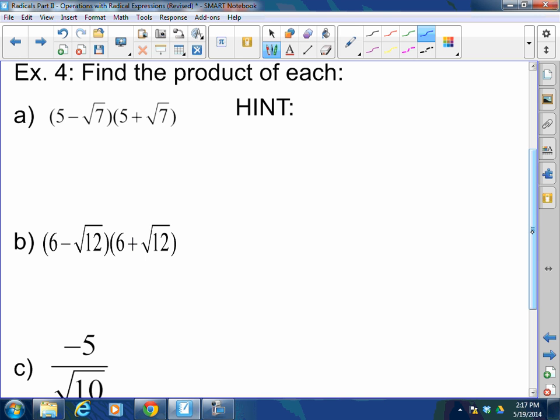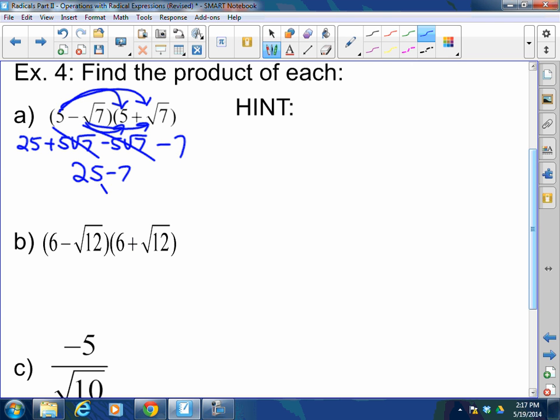So I have 5 minus square root of 7 times 5 plus square root of 7. 5 times 5 is 25, plus 5 square root of 7, minus 5 square root of 7, minus 7, correct? 5 square root of 7 minus 5 square root of 7 cancel. So I've got 25 minus 7, which is 18.